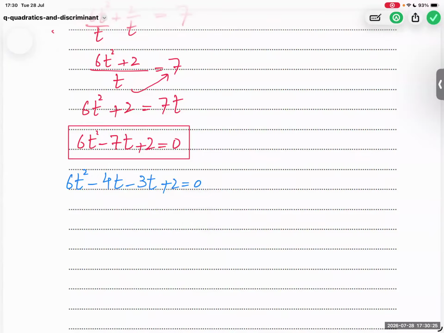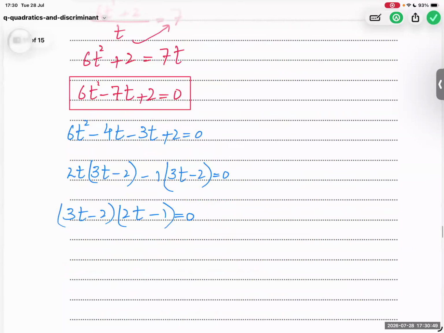So what we can do is, we can take 2t common. That would be 3t minus 2 and minus 1. That would be 3t minus 2 into 2t minus 1 is equal to 0, right?